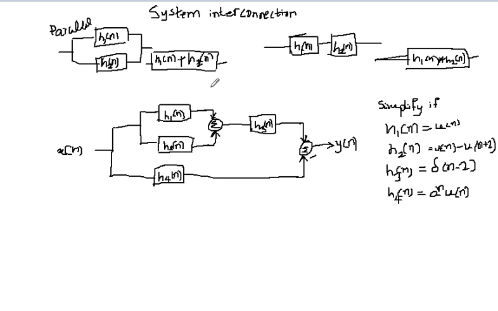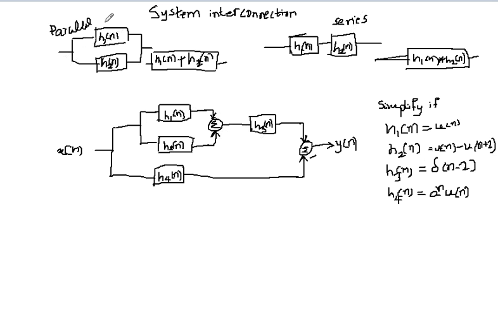So this is the series combination, and the first one is the parallel combination. Using these series and parallel combinations, we can solve any type of interconnection of systems, and the same applies to continuous time signals also.